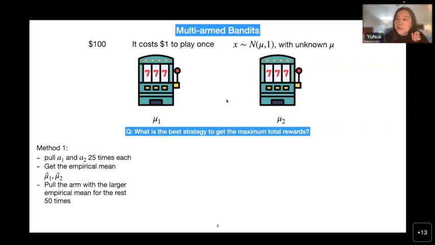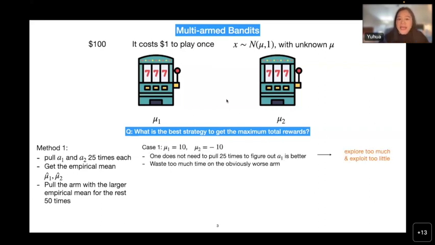It sounds like a very reasonable strategy. However, there are two problems with it. Think about the case where the expectation of the first machine is 10 and the expectation of the second machine is negative 10. One actually does not need to pull 25 times to figure out that the first slot machine is much better than the second one. So in this case, you waste too much time on an obviously wrong arm. You explore too much and exploit too little.